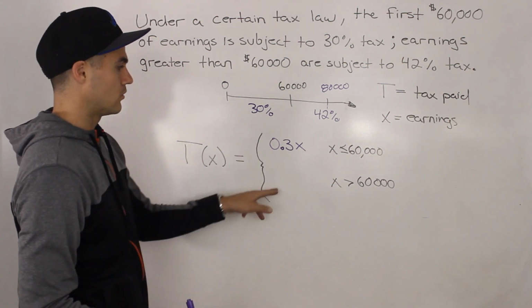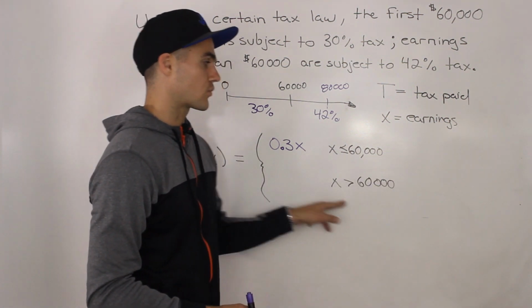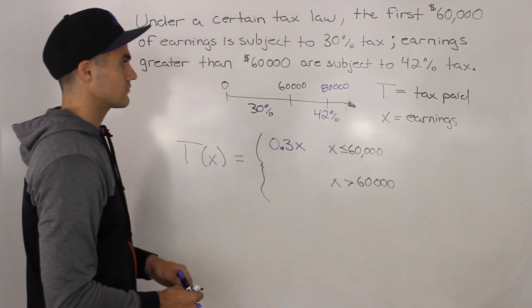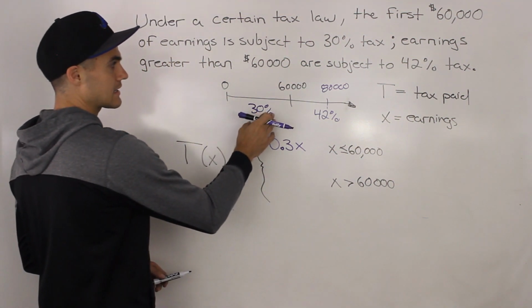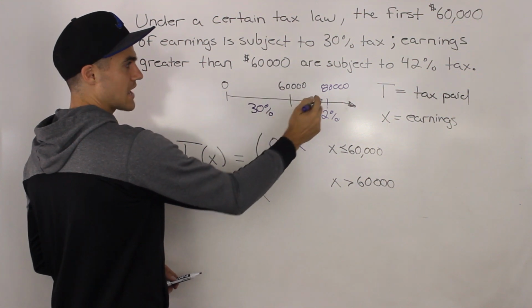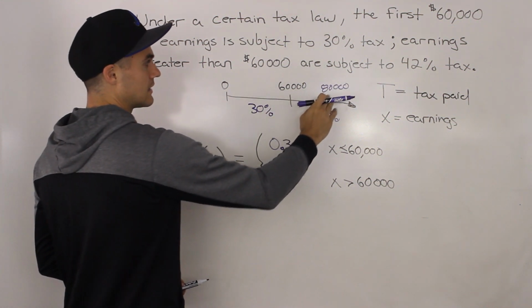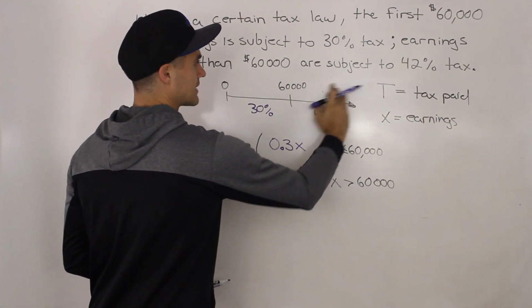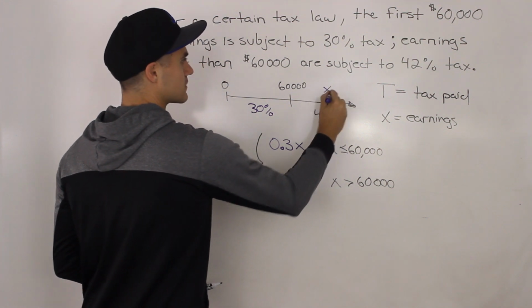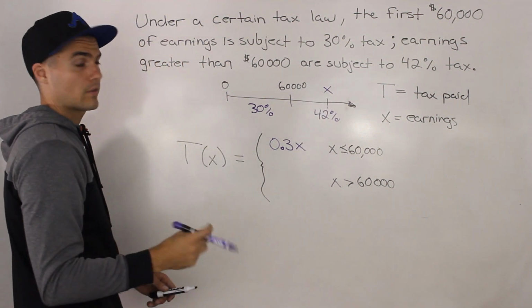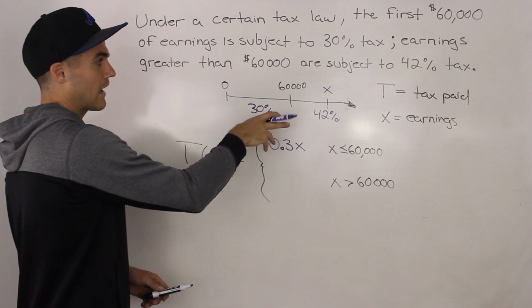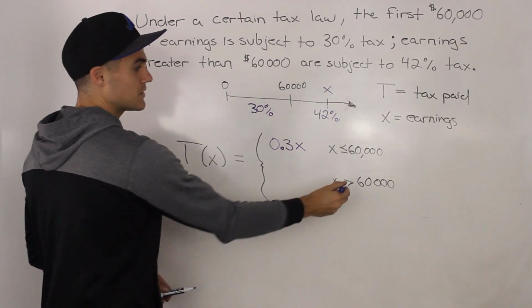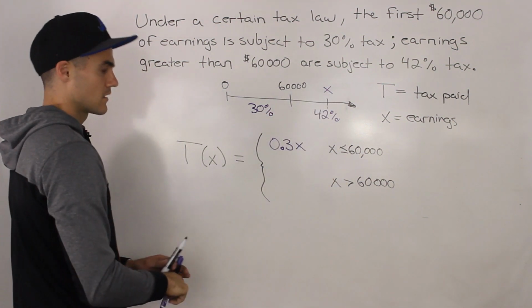Now, what about if the earnings are greater than $60,000? So let's take that same example we talked about, the $80,000, and let's just pretend it's some value x. Okay, so we don't know what the earnings are, but let's say a general value x. We just know that x is going to be greater than $60,000.